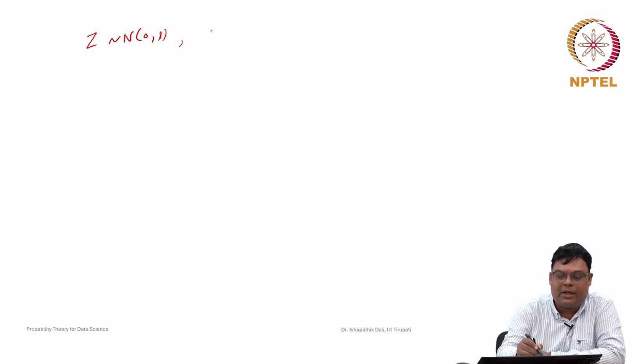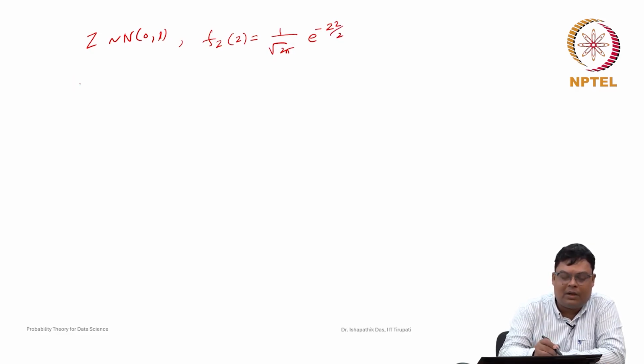So, what will be the density function? f of z is nothing but 1 by root 2 pi e to the power of minus z square by 2. This is the density function. Now, what is the cumulative distribution function? For the standard normal variate, the CDF of z is denoted by the standard form phi z.